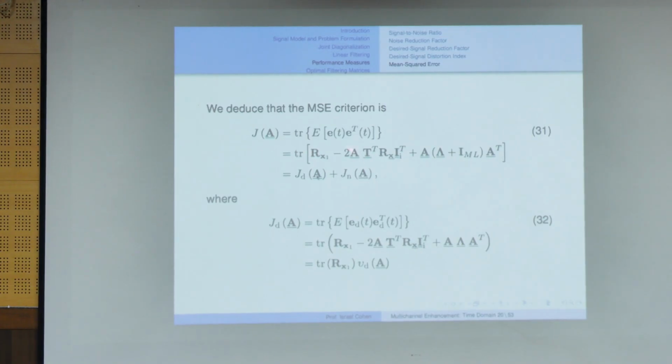Here the variable is A, the filtering matrix, and everything else is known. The only thing missing is the matrix A. And then you need to find the gradient of J(A), the mean squared error as a function of A, with respect to the matrix A.